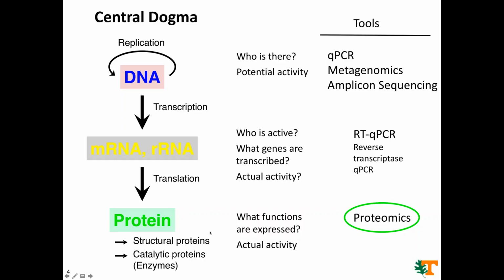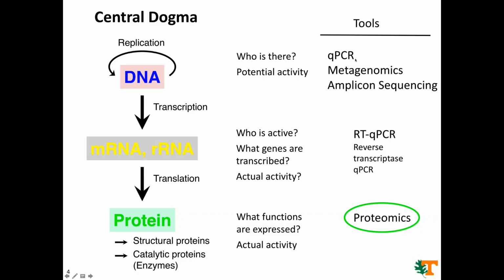And then the protein tells us what functions are actually expressed by these microbes. It informs us about actual activity. So this is certainly a very good biomarker because it's actual activity and not just potential activity, which is what we can gain from DNA analysis.